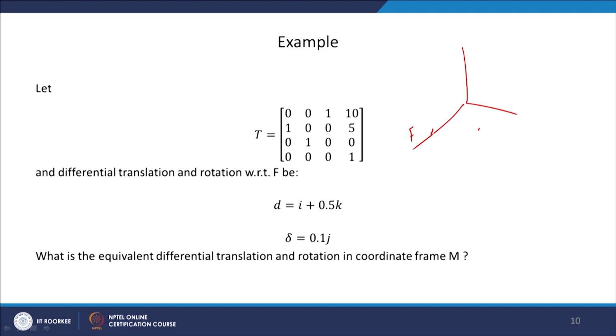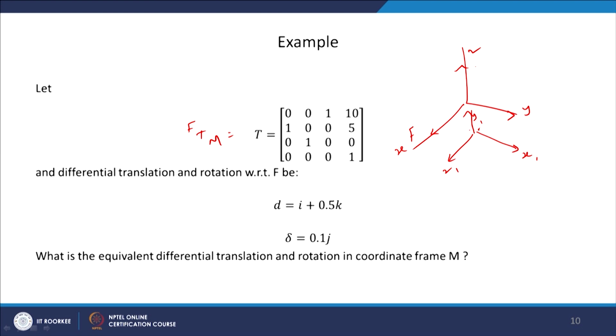These are the i, j, k of the original f frame, and the new frame has its x coordinate 0, 1, 0 along this direction, and y coordinate 0, 0, 1, parallel to the z axis, and z coordinate 1, 0, 0. So, we have x, y, z for the new coordinate frame.